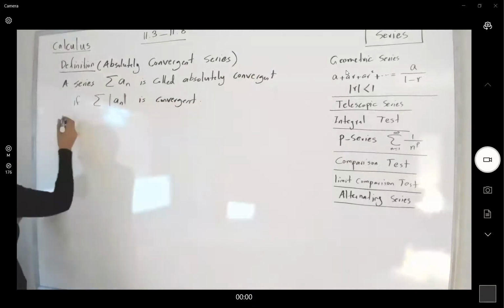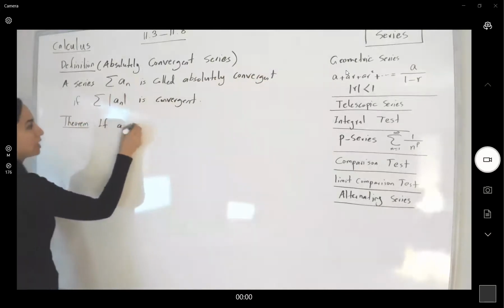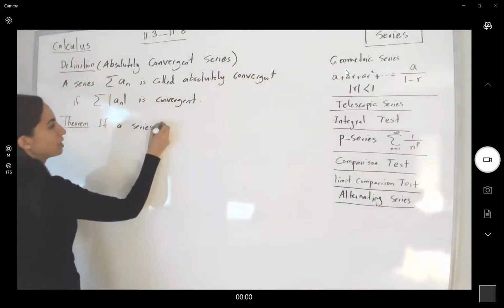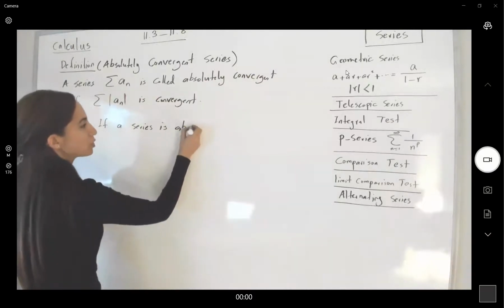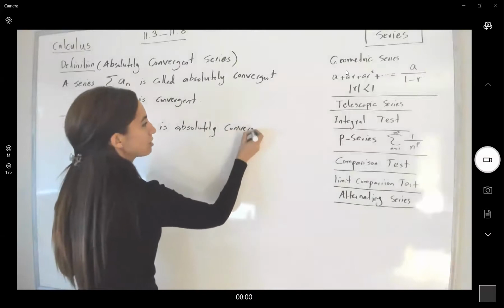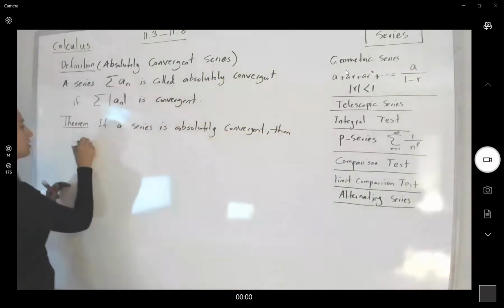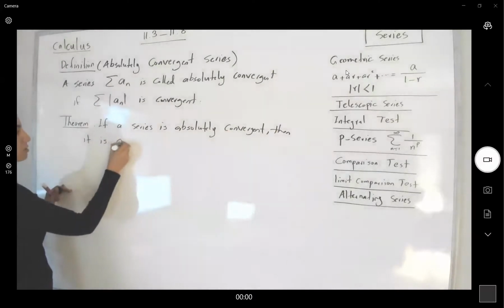There you go. We have a theorem. Our theorem says if a series is absolutely convergent, then it is convergent. Okay.